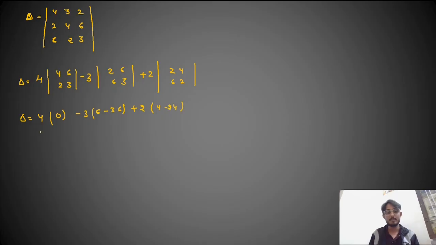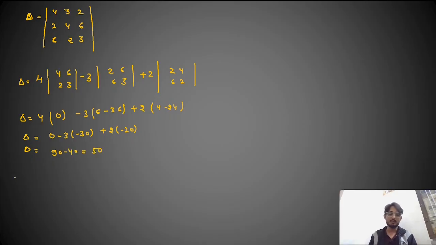So you will get delta equal to 0 minus 3 into minus 30. When you subtract 6 from 36 you get minus 30. Plus 2 into minus 20. So you will get 30 into 3, 90 plus 90 minus 40 equal to 50.